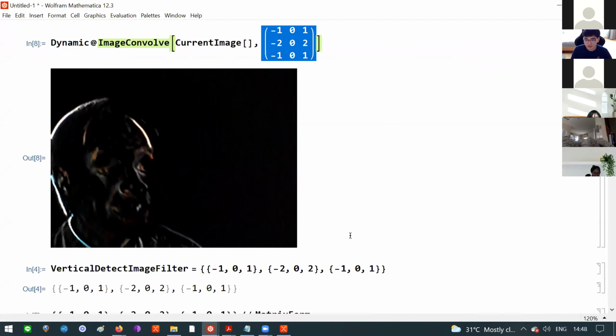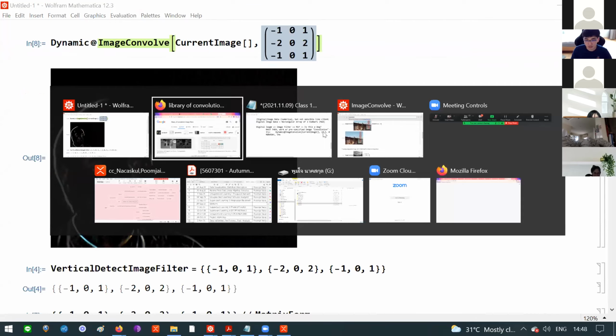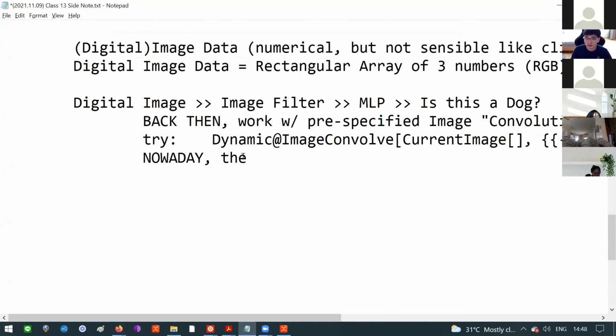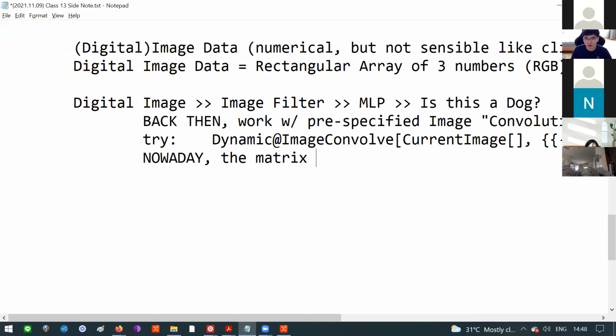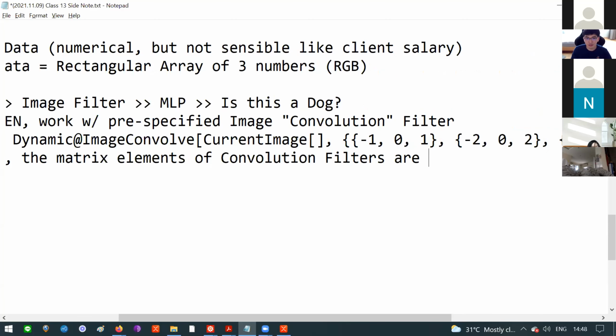Now, what's different with a convolutional neural network? And this is really, I could have kicked myself, or my friends could have kicked themselves. Nowadays, the matrix elements of the convolution are learned.